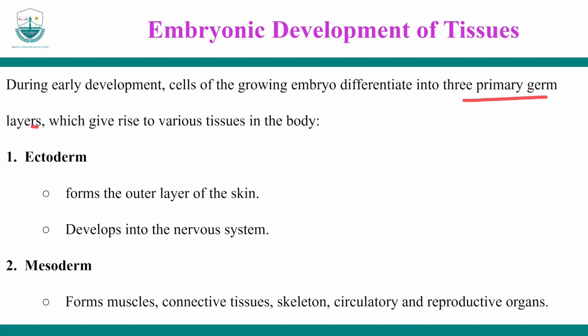Any organ or any tissue that we talk about comes from at least one of the three germ layers that we have listed here.